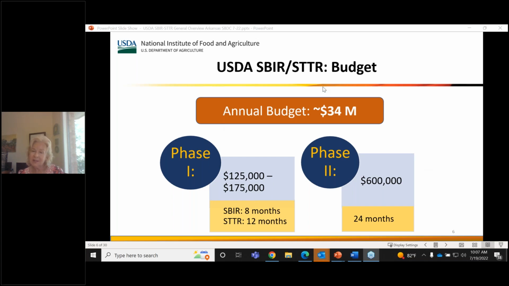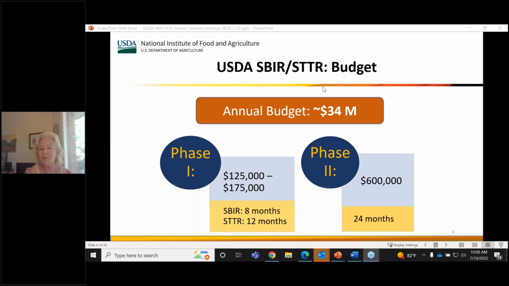So a little bit about USDA SBIR and the budget. We are, as you can see from our slides this year for FY23, adding STTR. We're adding STTR because there is a budget limit that sets off the need in the legislation for STTR, and USDA reached that limit.